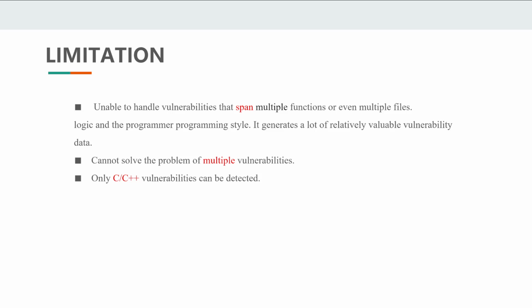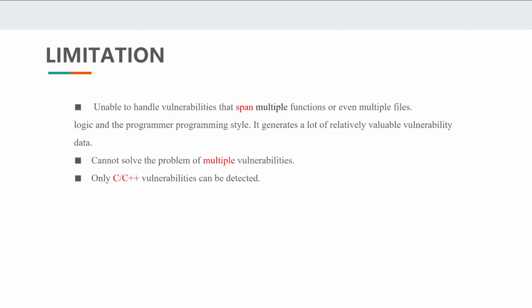Of course, our methods also have some deficiencies. First, the data processing method in this paper can only deal with vulnerability code at the functional level. If the vulnerability spans multiple functions, or even multiple files, the data processing method in this paper is powerless.